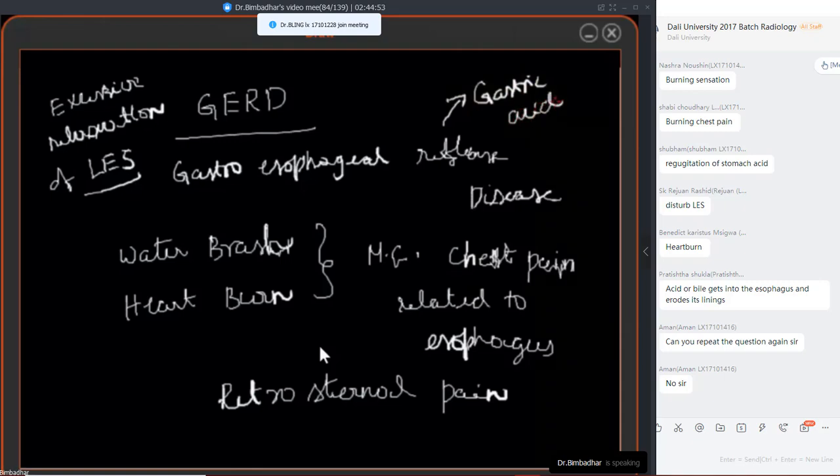Excessive reflux of the gastric acid inside the esophagus. So an incompetent lower esophageal sphincter releases the gastric acid inside the esophagus.